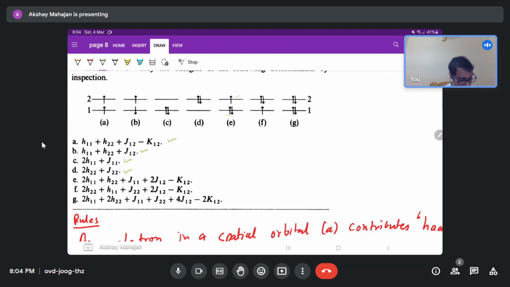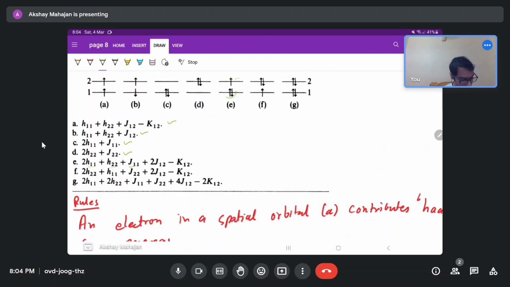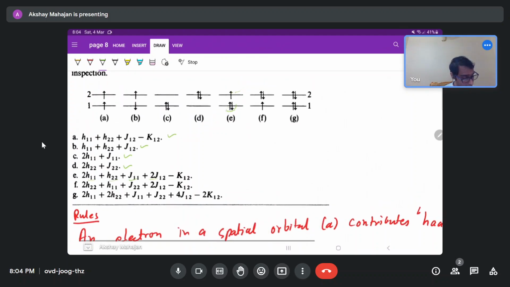Because of these 2 electrons we get 1 J11 as well. Because of this electron and this electron, we get 1 J12, and because of this and this, we get one more J12. So we get 2 J12.